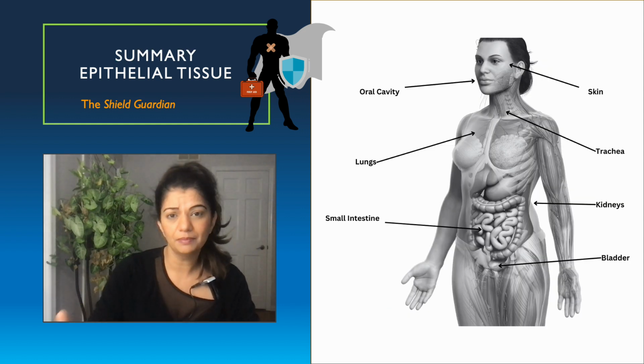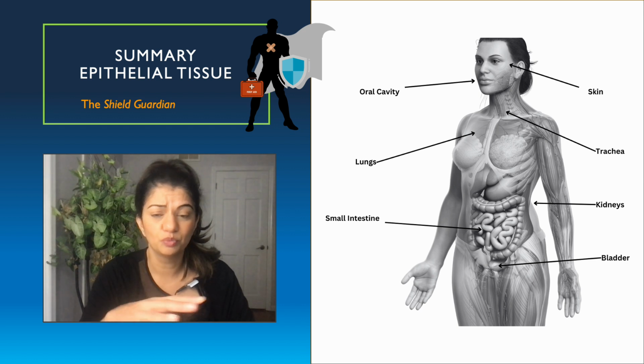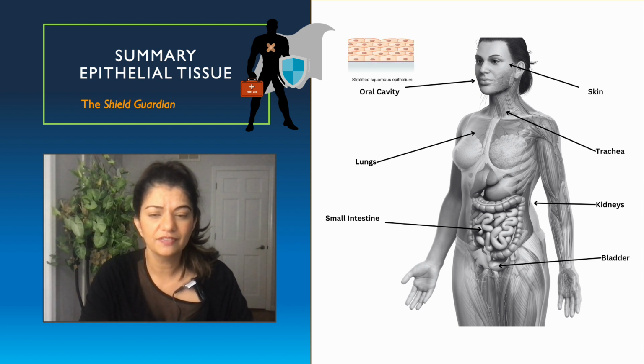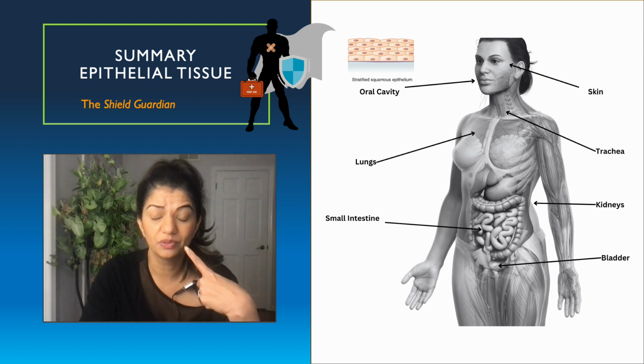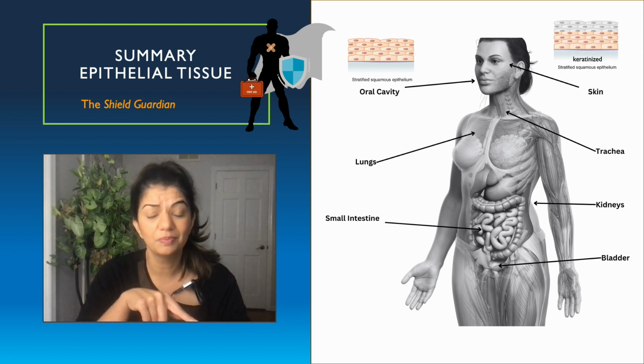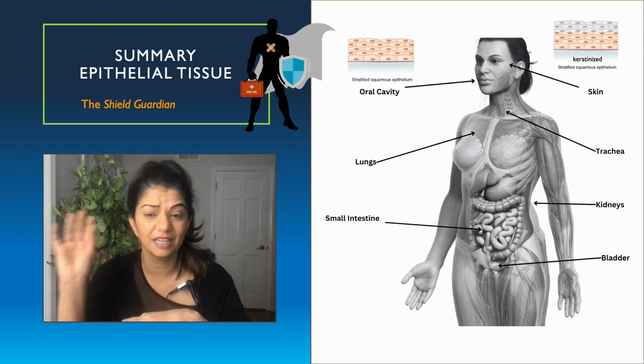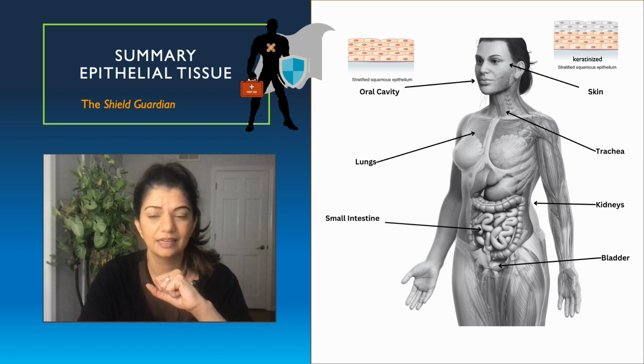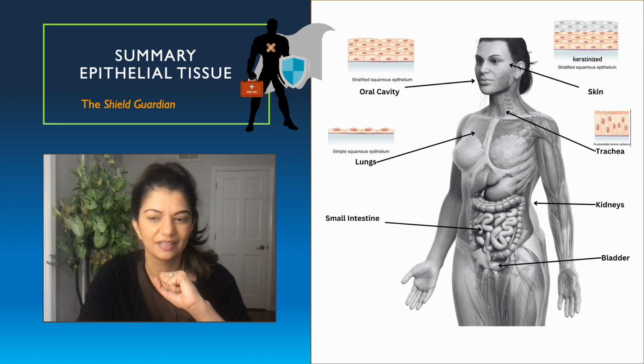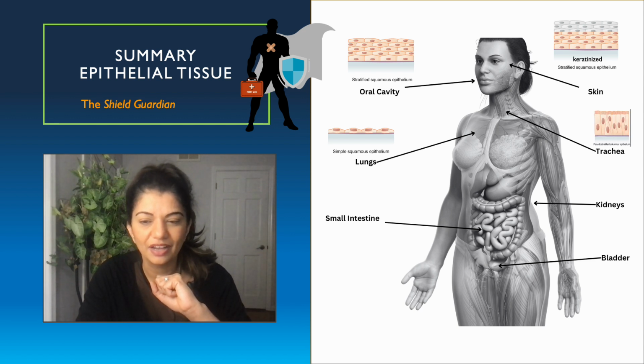Let's do a quick summary so you have a nice overview of what type of cells are found where. Stratified squamous epithelia is going to be in your oral cavity, and of course it's going to be on your skin, but you're more likely to have some keratinized stratified squamous epithelia here. Then in the lungs, we know that simple squamous epithelia is going to occur there. The trachea is going to have more pseudostratified ciliated epithelia.